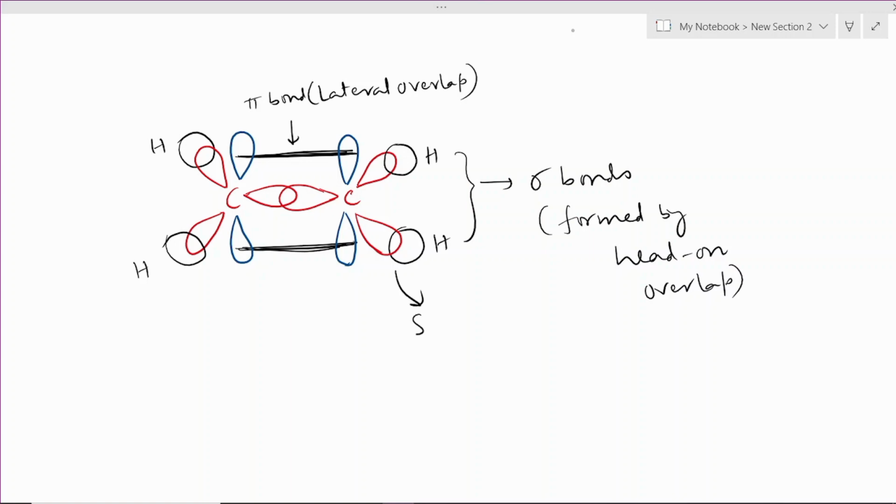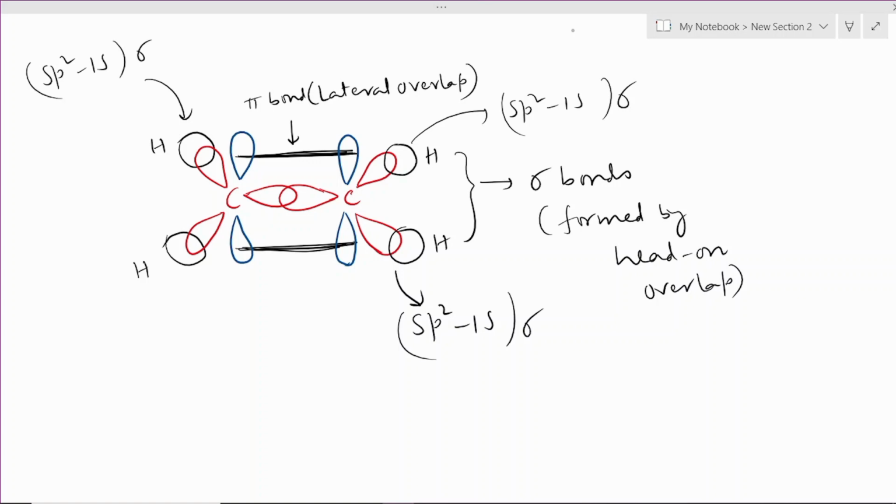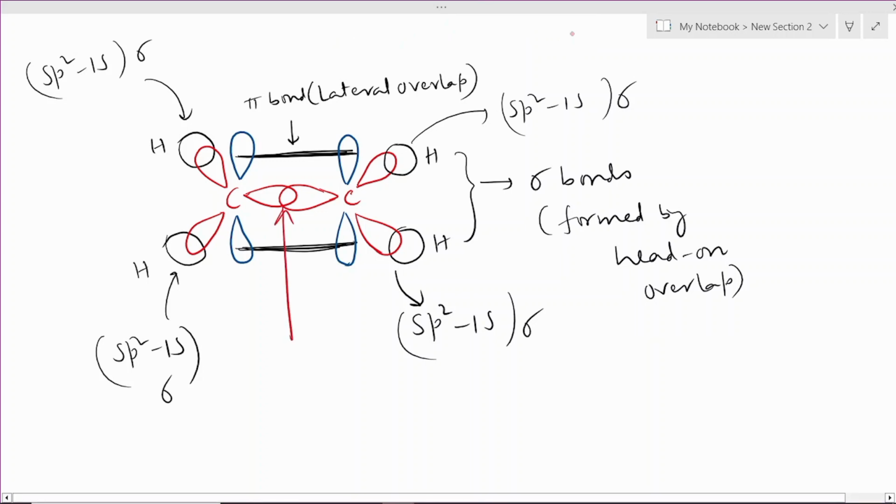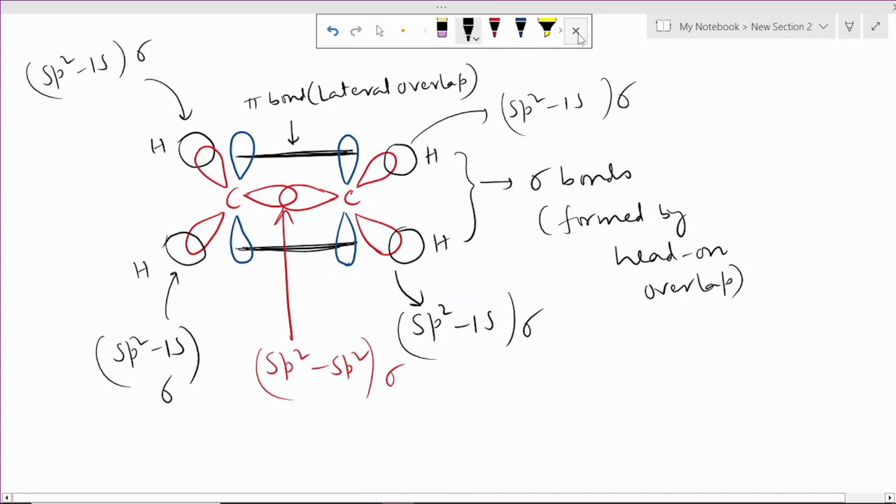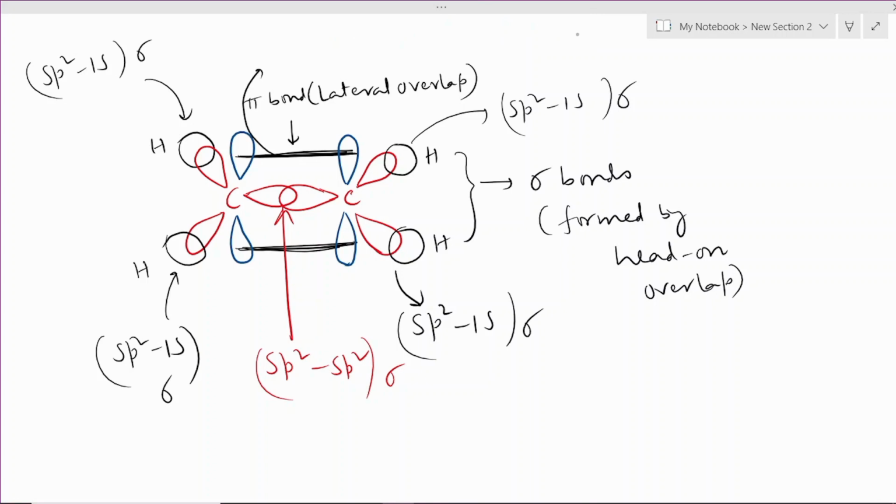This is actually sp2-1s sigma. This is sp2-1s sigma. This also sp2-1s sigma, and this also sp2-1s sigma, and this sp2 sigma, and the pi bond is 2p pi bond.